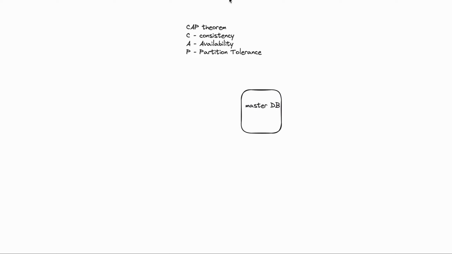The client will write and read data to and from this DB. The client will insert records into this DB and read the records from this DB.